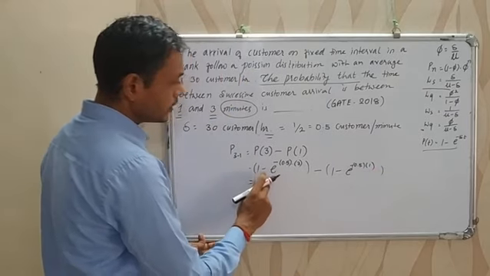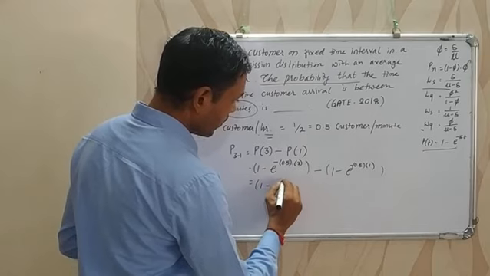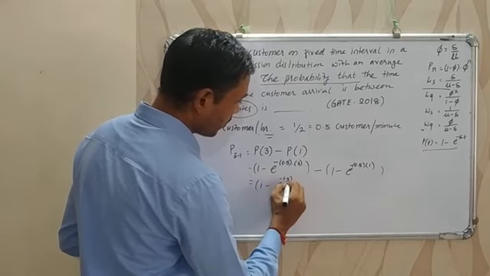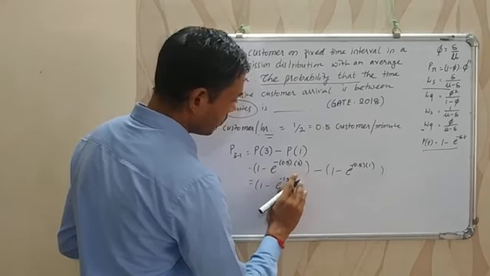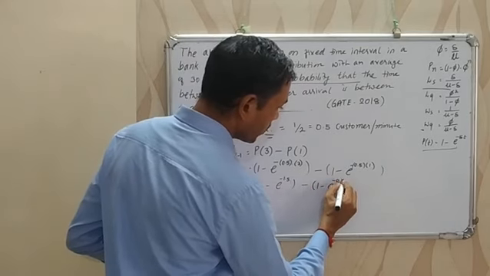So 1 minus e raised to minus 0.5 into 3, that is 1 minus e raised to 1.5, minus 1 minus e raised to minus 0.5.